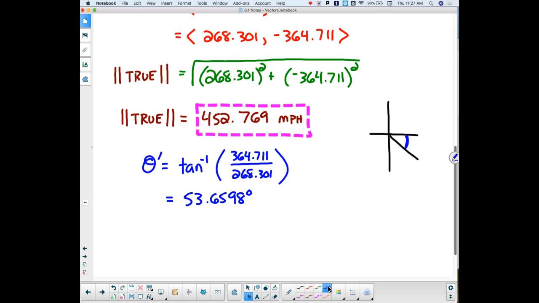Why 90 plus? Because it's navigation. 0 is there. 90 is there. So it's 90 plus my reference angle for the bearing.